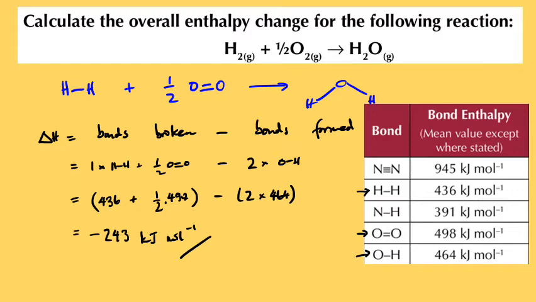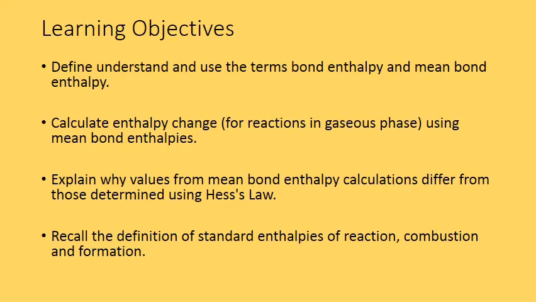Okay, let's move on to our learning objectives, just to check that we have done it all. So our first lesson objective was to define, understand and use the terms bond enthalpy and mean bond enthalpy.